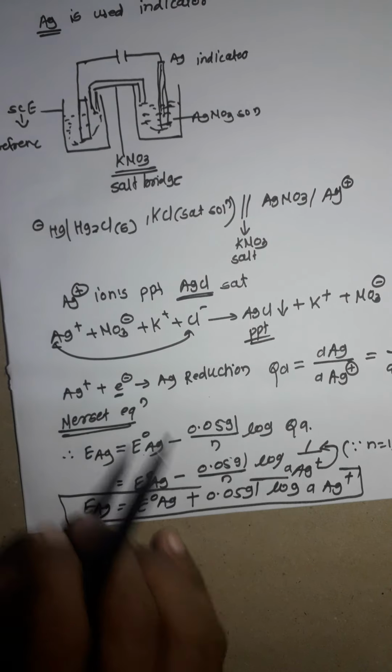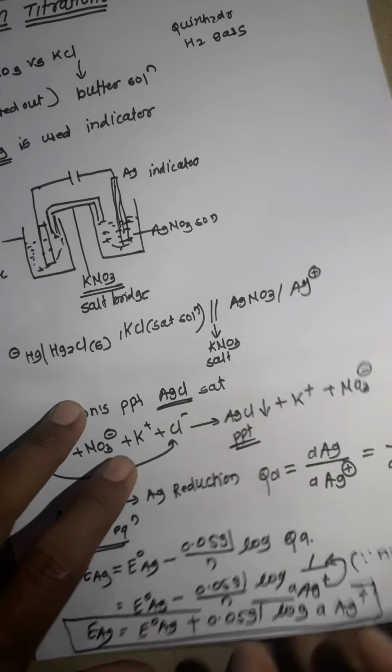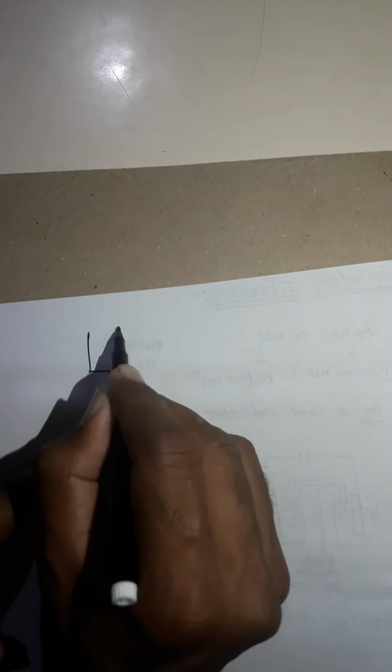Then, in this titration, how does the reaction take place? During this titration, the beaker has Ag plus ions and NO3 minus ions.